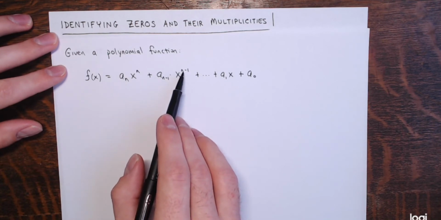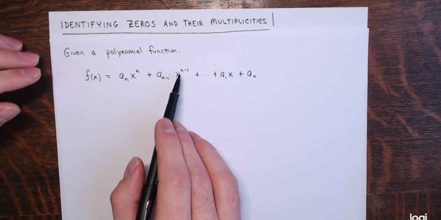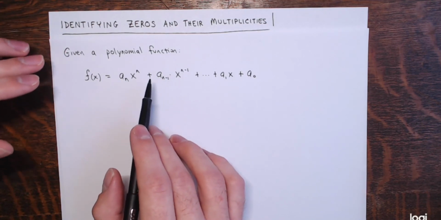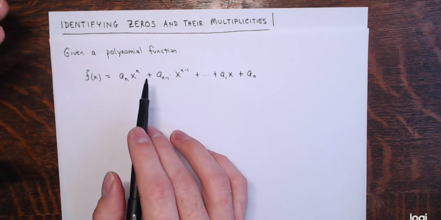So you're not going to see any negative powers or fraction powers or decimal powers. The powers are going to be 0, 1, 2, 3, 4, 5, 6, 7, and so on.